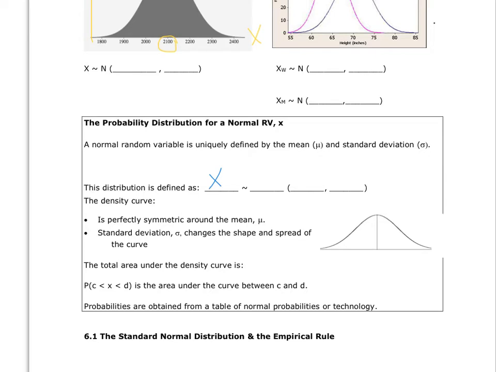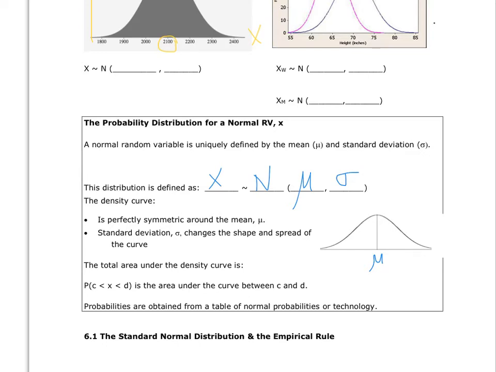So if x is a normal random variable, which we identify with an N, what we need to know is the mean, mu, and the standard deviation, sigma. The density curve is perfectly symmetric around that mean value, and the standard deviation, sigma, is what's going to change the shape and the spread of the curve.